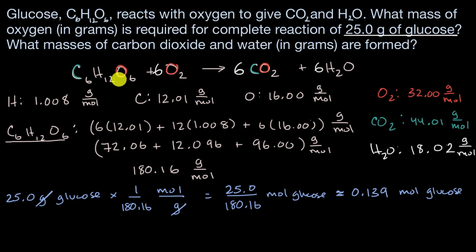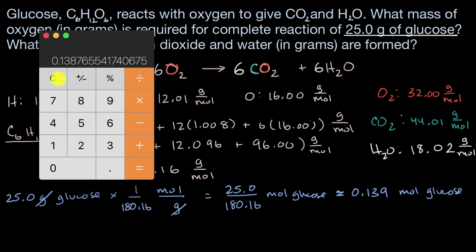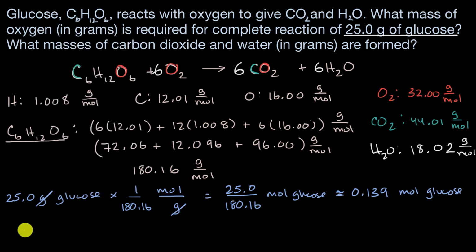Well, for every mole of glucose, we need 6 moles of molecular oxygen. And so we're going to need, let me just multiply that times 6. So times 6 is equal to that. And remember, I had 3 significant figures. So 0.833.